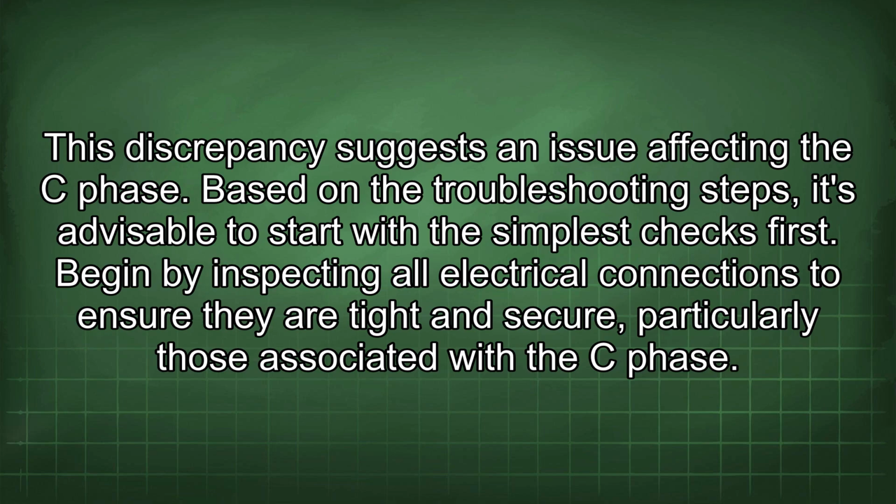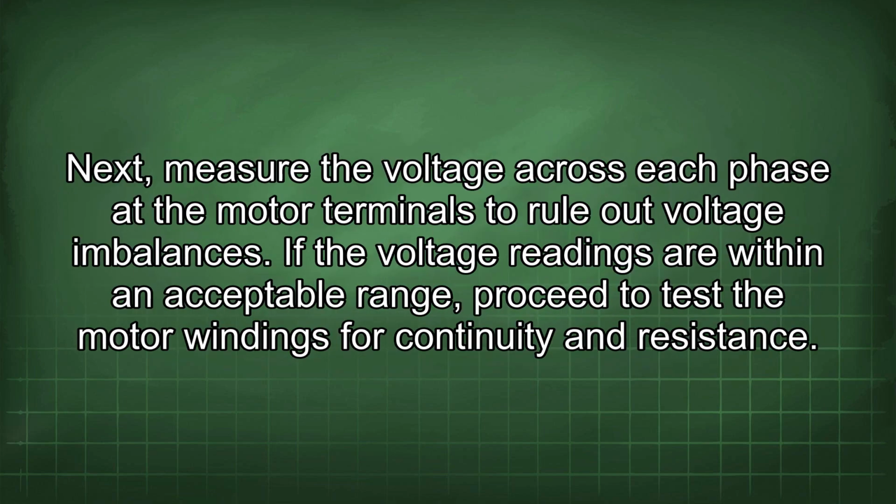Based on the troubleshooting steps, it's advisable to start with the simplest checks first. Begin by inspecting all electrical connections to ensure they are tight and secure, particularly those associated with the C phase. Next, measure the voltage across each phase at the motor terminals to rule out voltage imbalances. If the voltage readings are within an acceptable range, proceed to test the motor windings for continuity and resistance.